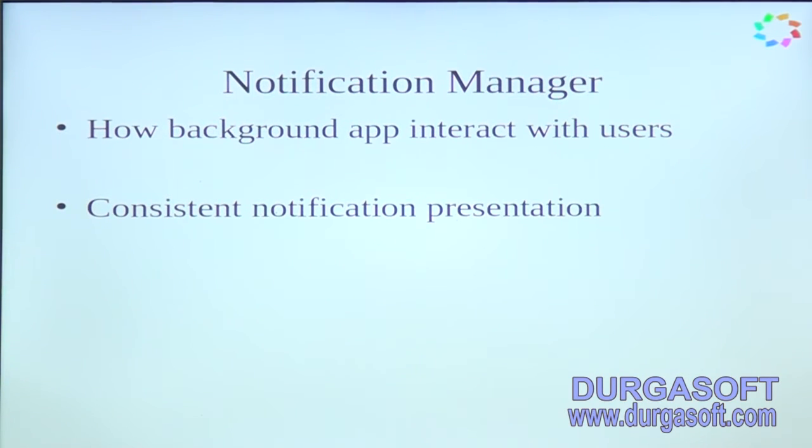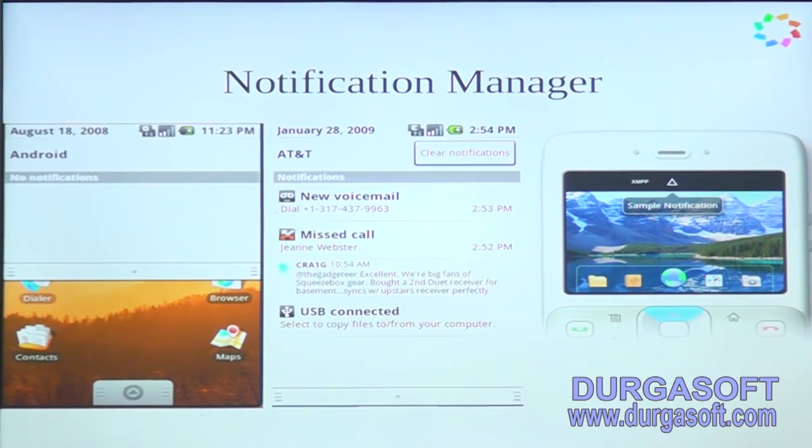So there will always be a consistent notification present on your phone's notification bar. There are two types of notifications: one the user can completely take out after reading it, and one that is always present until that particular operation is finished.